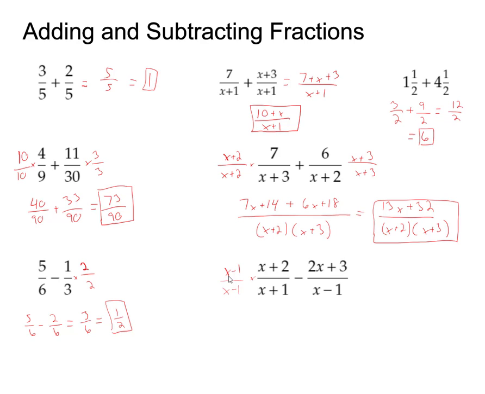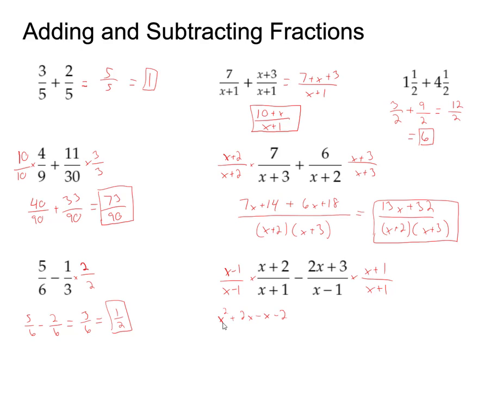And we'll multiply our second fraction by x plus 1 over x plus 1. For our first numerator, we're going to apply FOIL to x minus 1 times x plus 2. That's going to give us x squared plus 2x minus x minus 2.